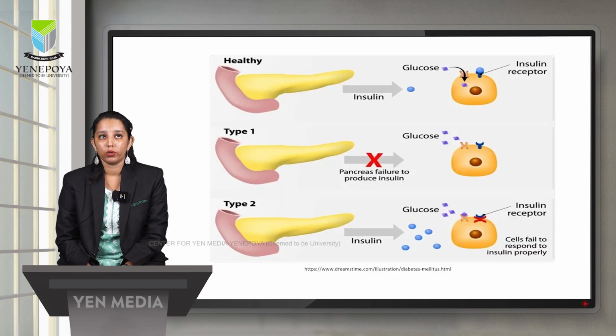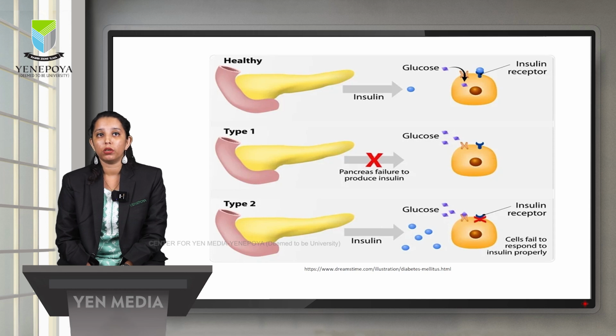So this picture shows healthy, type 1 and type 2 individuals' blood circulation, in which the glucose and insulin, how it is maintained. So now you see in the first one, in the healthy individual, the pancreas is able to secrete insulin. The cells have got receptors, and therefore there is action of insulin, and therefore glucose is being eliminated.